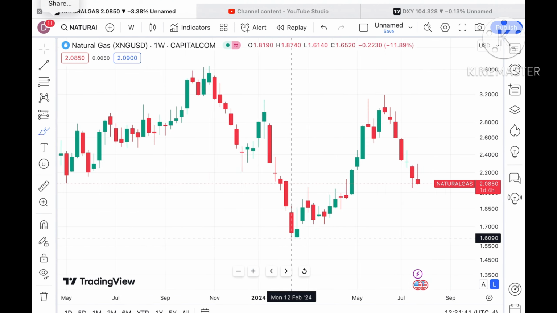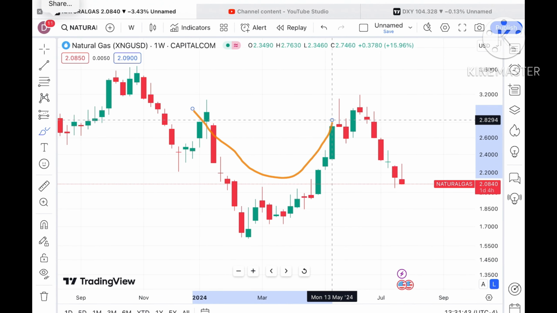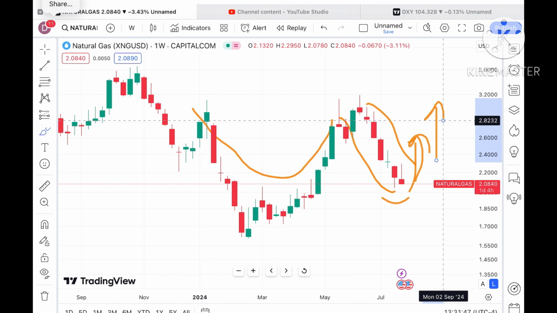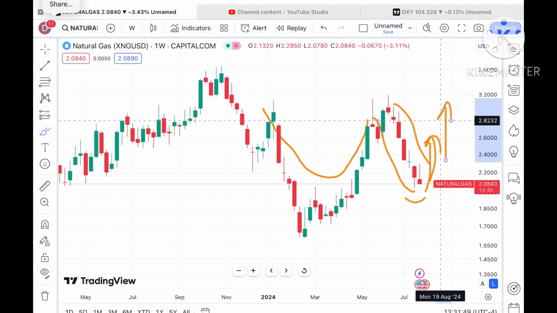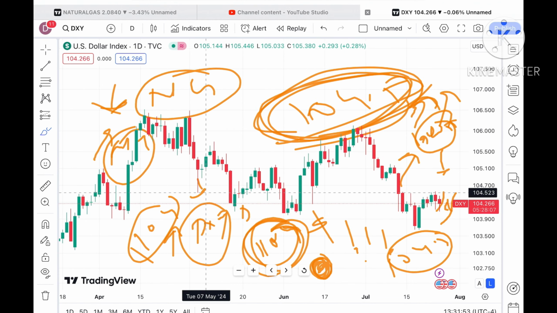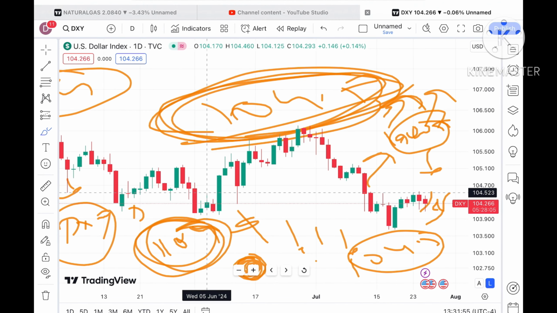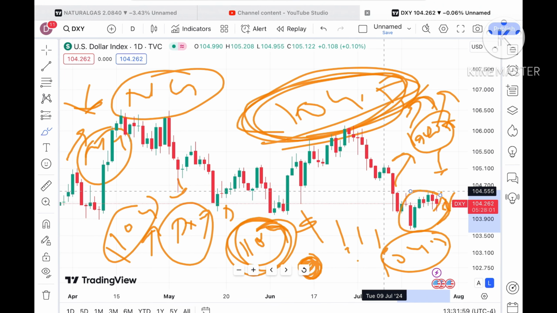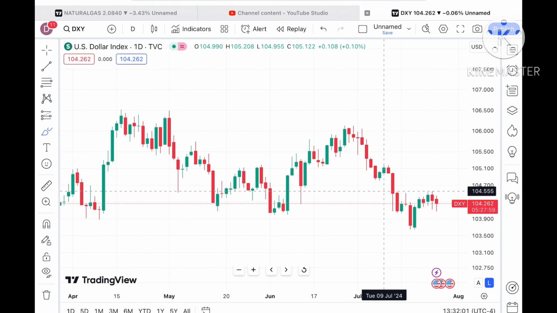Now looking at this particular chart, there is a U pattern forming. After that there is a fall, and then if it starts moving above this level, we can see further upside movement. If you look at the dollar index also, the price is trying to move in this zone. As soon as the price of the dollar index goes further low, we can see a further downfall.